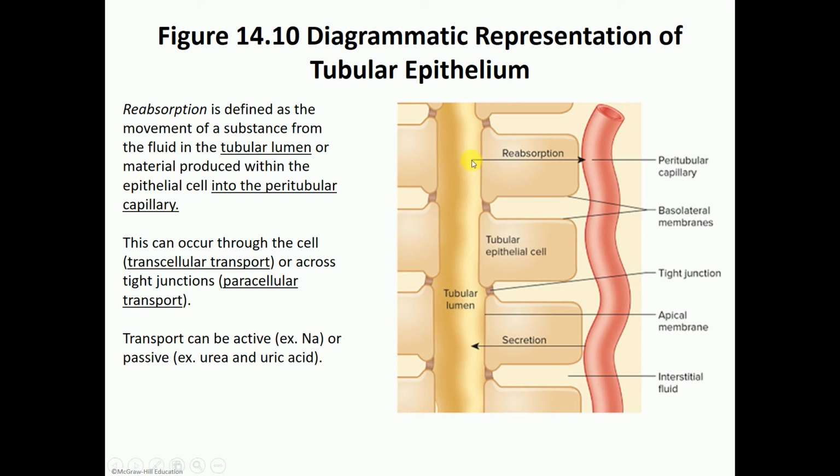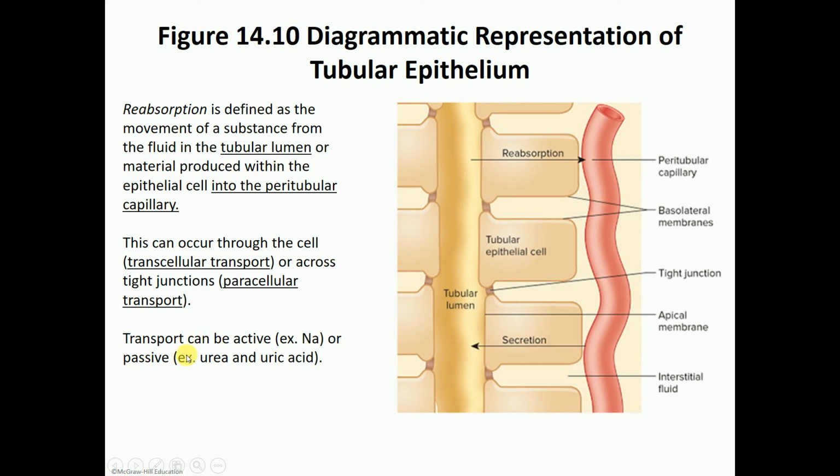Well, in order for that to happen, these molecules would either have to go through the cell, and that process is known as transcellular transport, or they would have to go through these tight junctions, and that is known as paracellular transport. You'll find that some of these transports are active, for example, the tubular reabsorption of sodium, while other kinds of transport are passive.